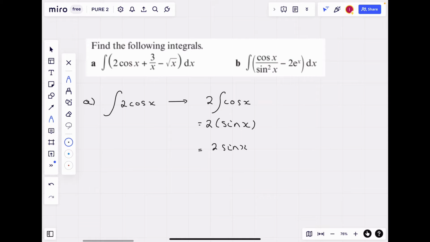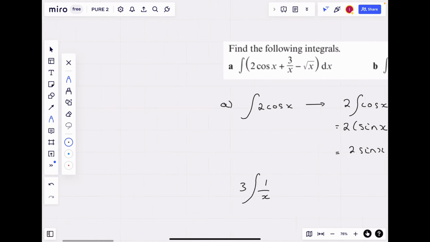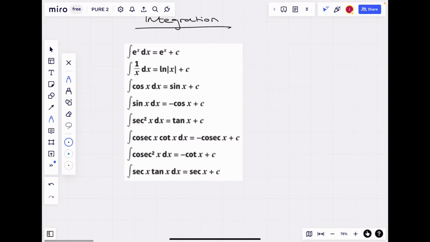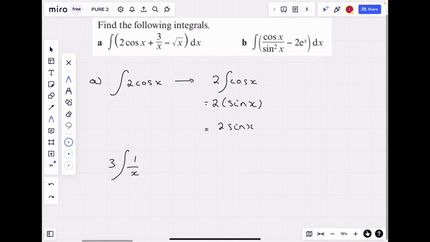Now, for 3 over x, you can write it as 3 integral 1 over x. Yeah? There's a rule for 1 over x, ln x. So this becomes 3 bracket ln modulus of x, so 3 ln x.